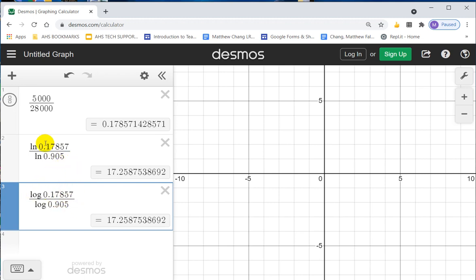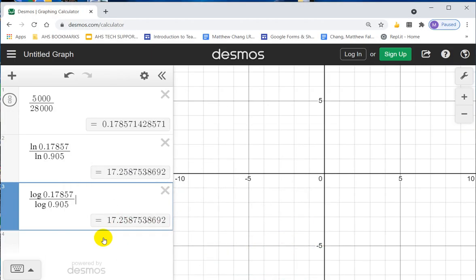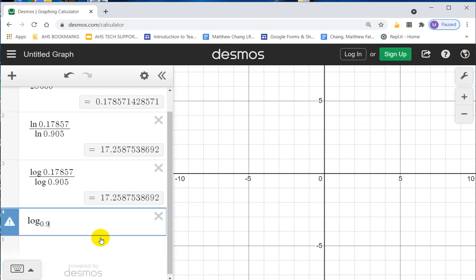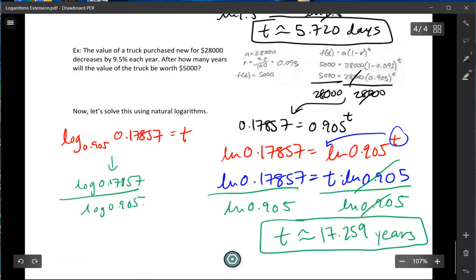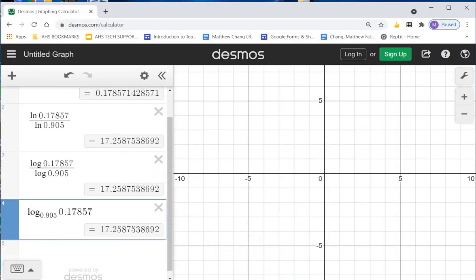The only difference is that if you're using a common logarithm, you're assuming the base is 10, and if you're using a natural logarithm, you're assuming the base is e. Even if you type it in the format log base 0.905 of 0.17857, these represent the same thing. So it's up to you how you decide to evaluate that.